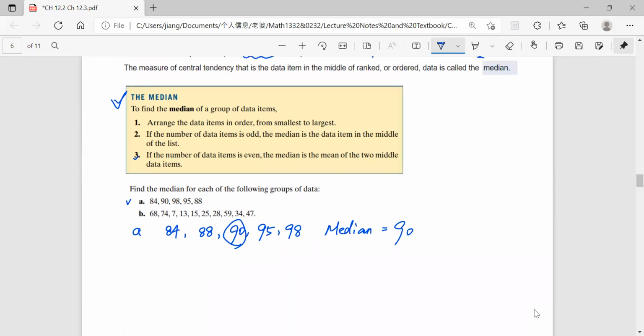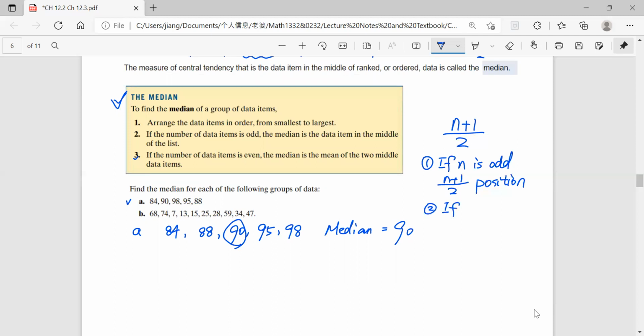You can also use another way to find the median. Here is the formula. We use n plus 1 over 2. N means how many data items. If n is odd, we just find the n plus 1 over 2 position number. That is the median of this data set.